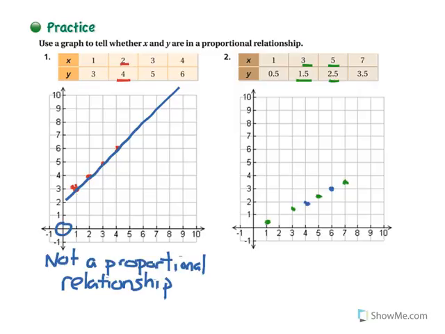If I continue doing this, where my 1 is, I go down a half, it's going to put me right over at the origin. And so if I draw my line, sorry, I don't have a straight edge, it looks like this. And so this is a proportional relationship.